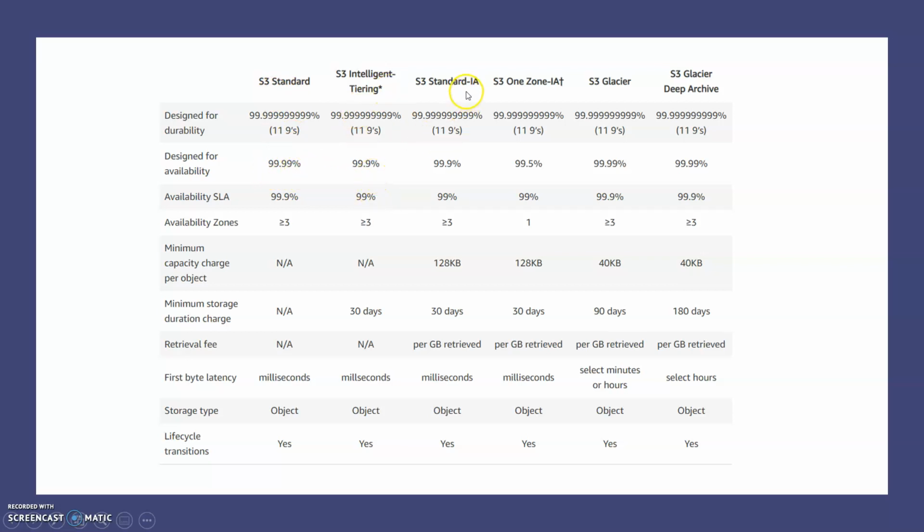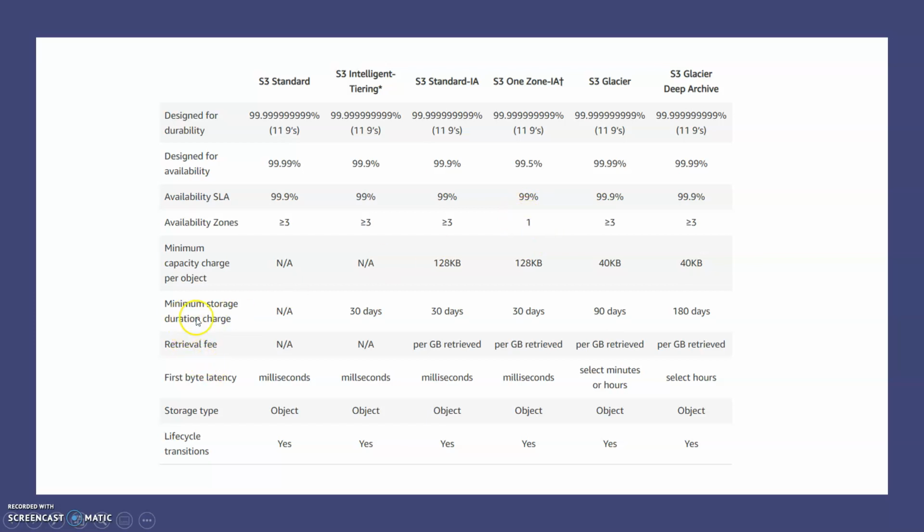S3 Intelligent-Tiering and Standard Infrequent Access have availability of 99.9%, and One Zone has the lowest of all, 99.5%. All the others use greater than or equal to 3 availability zones, that is, a minimum of 3 availability zones across which copies of your data are spread, but with One Zone your data is stored in only one availability zone.